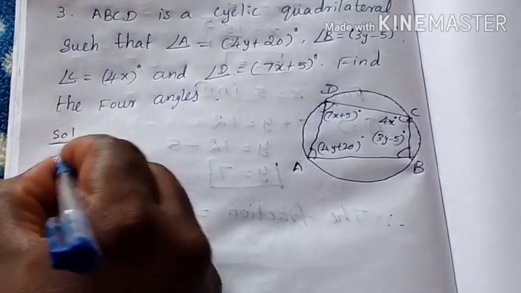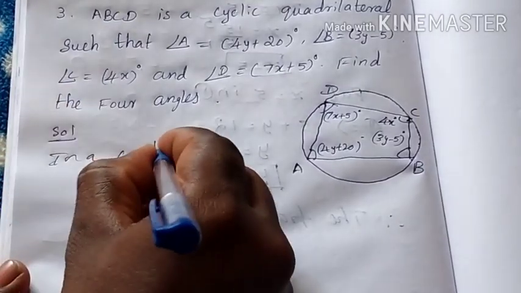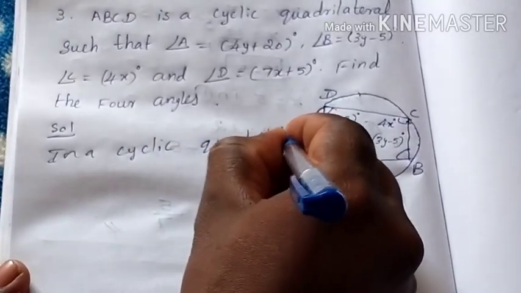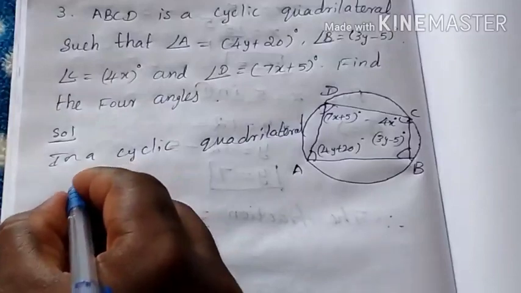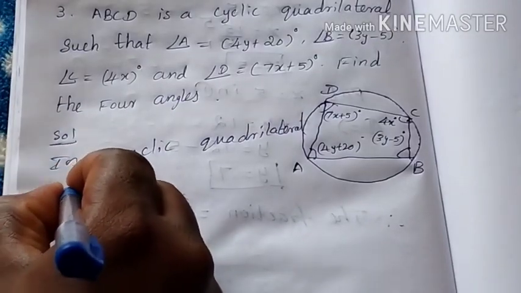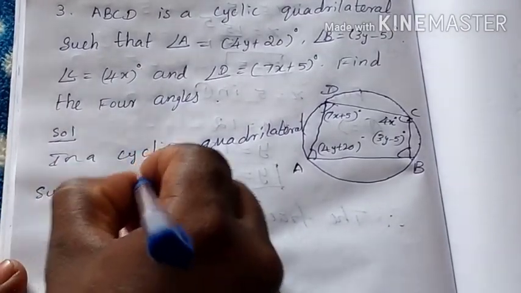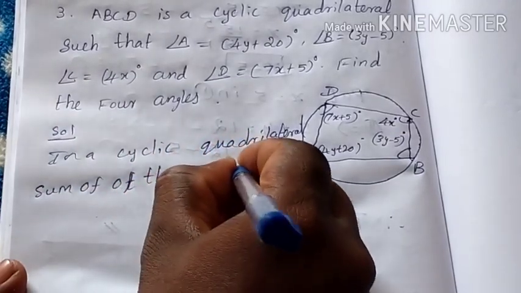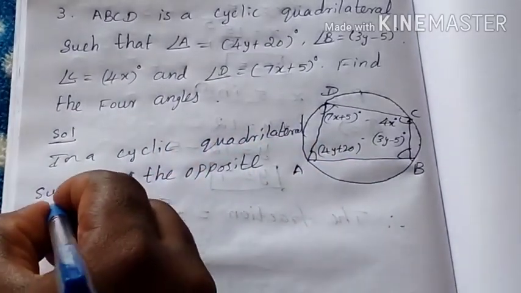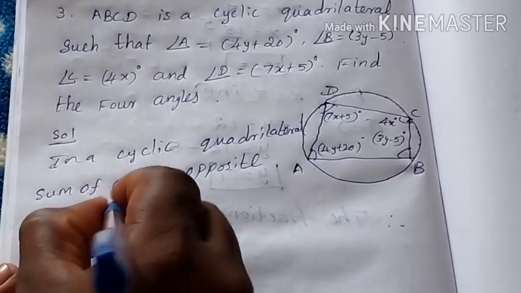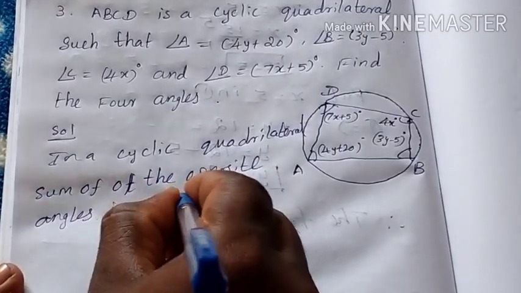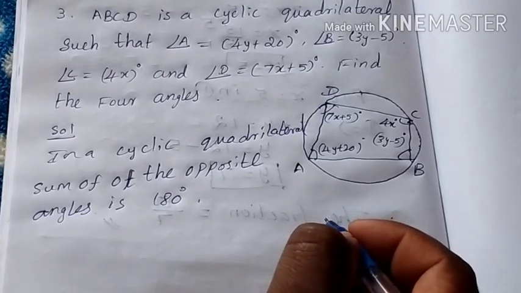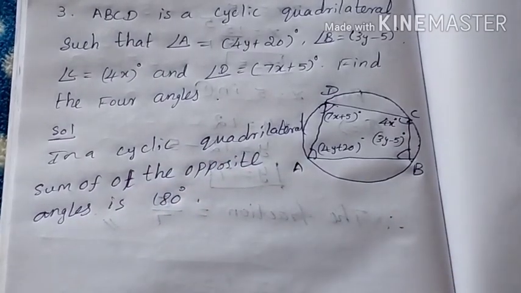In a cyclic quadrilateral, sum of the opposite angle is 180 degree. Okay, this is one of the properties of the cyclic quadrilateral.